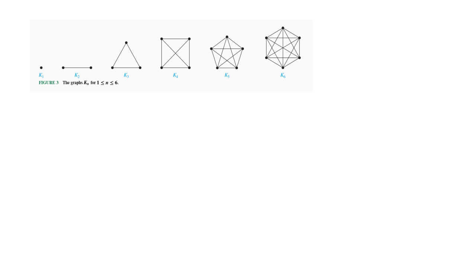A complete graph is denoted by K sub n, the complete graph over n vertices, and you recall that by definition it has all the possible edges. So you have a set of n vertices and all the possible edges. K3, for instance, is a triangle, K4 has 4 vertices, K5 has 5 vertices with all edges, etc.